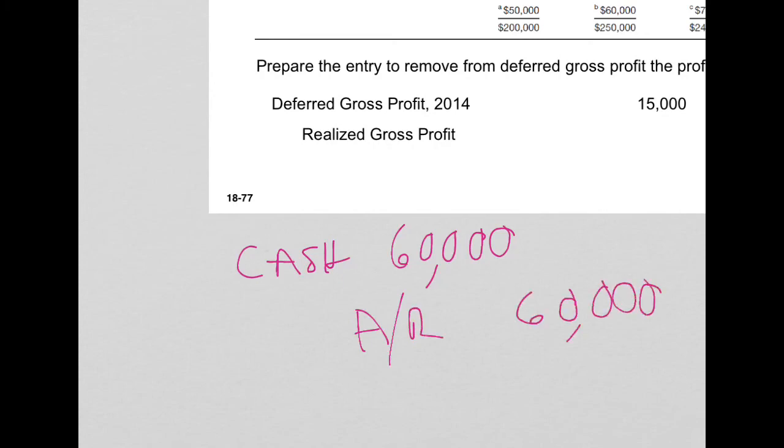And now we ask ourselves, what was the gross profit percentage? Gross profit percentage was 25%. So for every dollar of cash, 25% of it represents gross profit that we're now collecting. So 25% of 60,000 is $15,000. That's good.